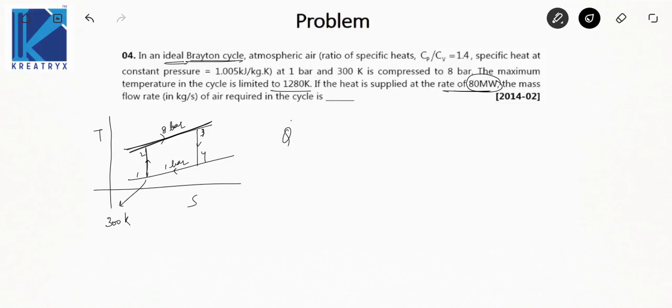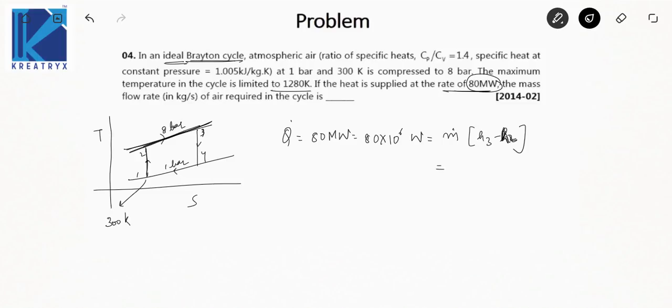So let's write Q dot is equal to 80 megawatt, which is 80 into 10 raised to power 6 watt. M dot into H3 minus H2, heat is supplied from 2 to 3. So it is the change in specific enthalpy in the process 2 to 3 multiplied with the mass flow rate.